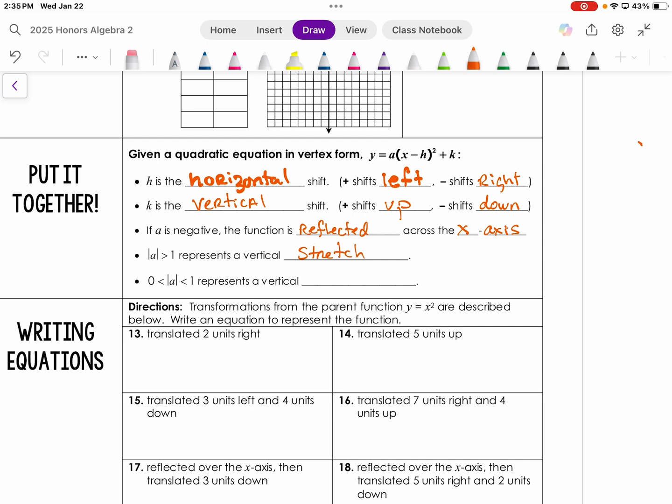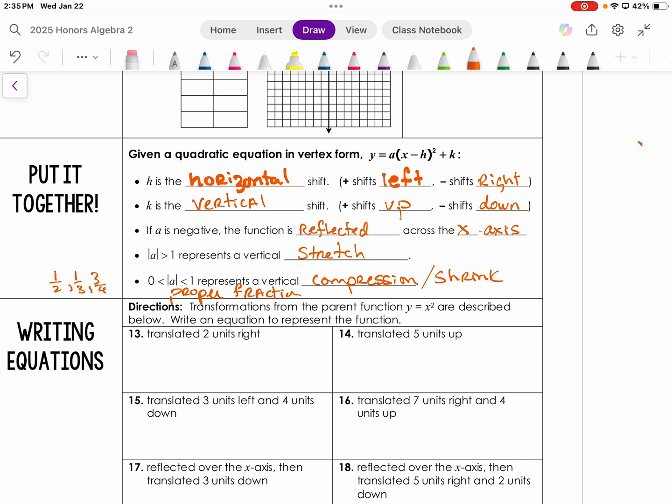If a is a proper fraction, that's what the next one's doing, something between 0 and 1, then I have a vertical what? Compression. What was the other word we saw in the last chapter? Yeah, shrink. Either one's fine. So proper fractions, that's when I see 1/2, 1/3, 3/4.